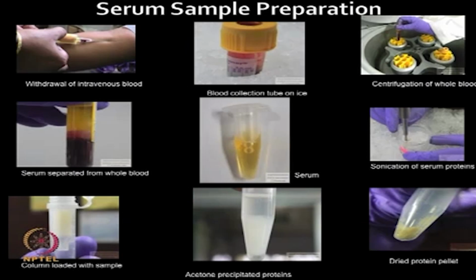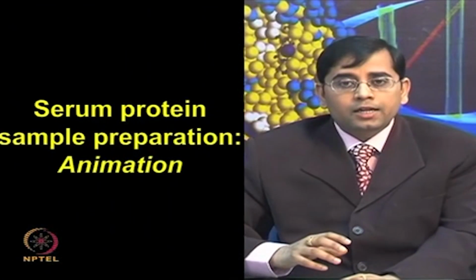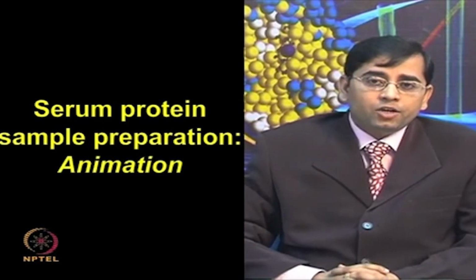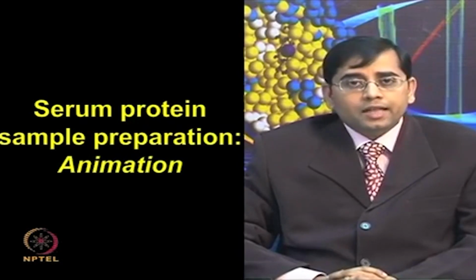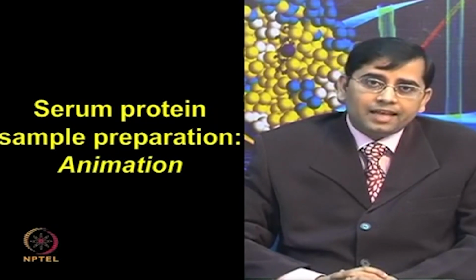Then depletion strategies to remove the abundant proteins, precipitation of these proteins by adding acetone, and then drying out the protein pellet and reconstituting it in a suitable buffer for further proteomic applications. So, let me show you the detail of serum protein sample preparation in this animation.